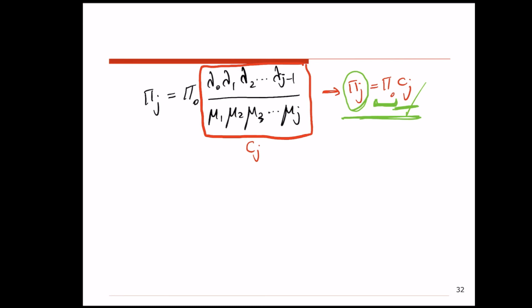One thing that we know about any stochastic system, and a queuing system being one of those, is that the sum of the steady state probabilities is 1, right? That's something we know about any stochastic system, because in the long run, in the steady state, the system is finally at one of these states, 0, 1, 2, all the way to infinity.